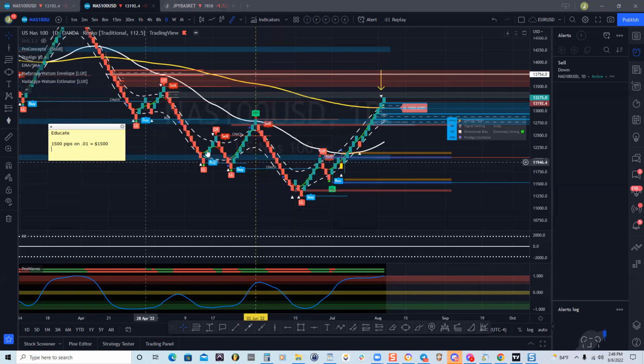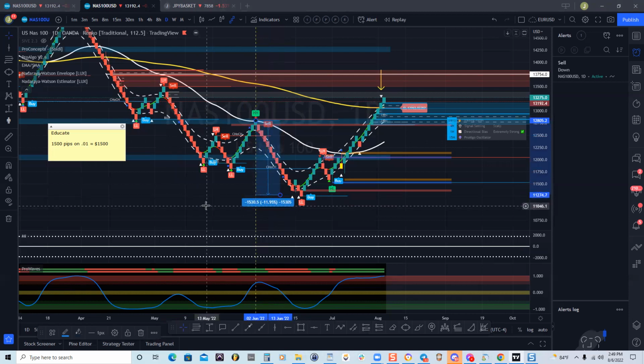It depends on your ruler, on which chart you're looking at. If you're looking at Oanda, your pip calculator may be a little different than on Pepperstone.